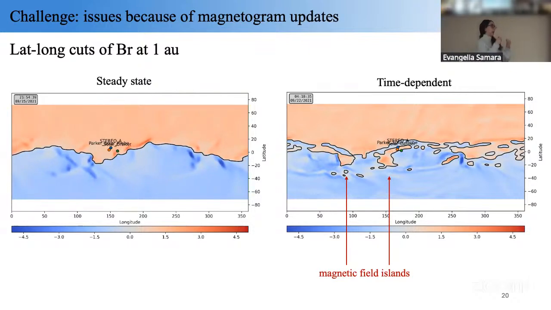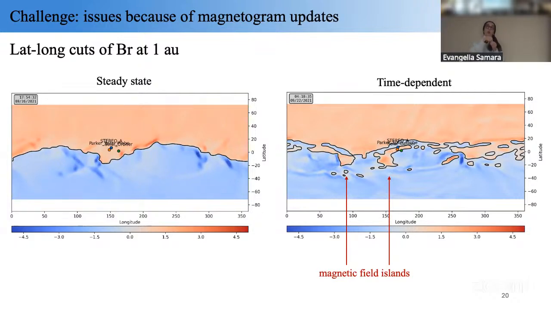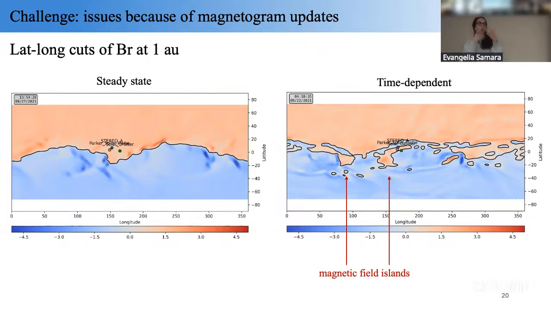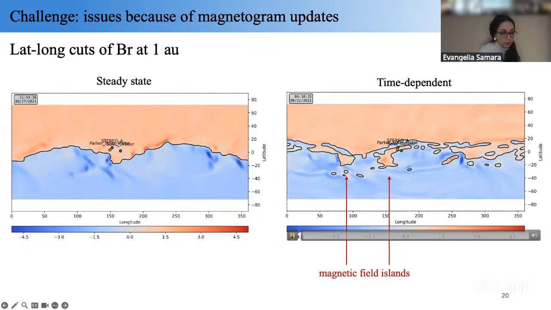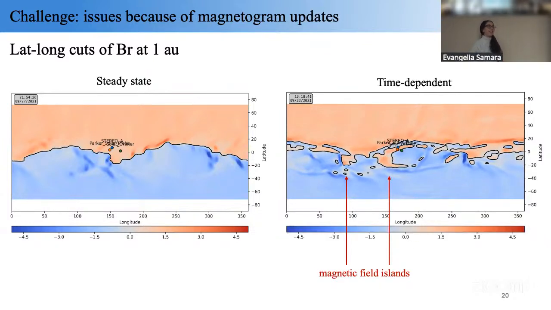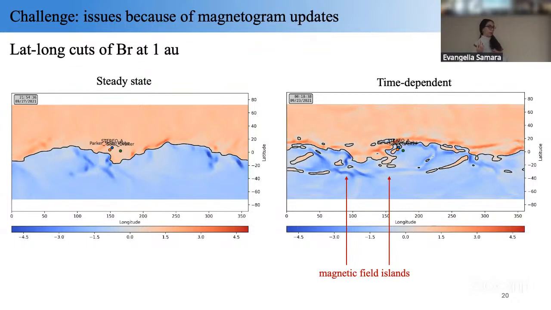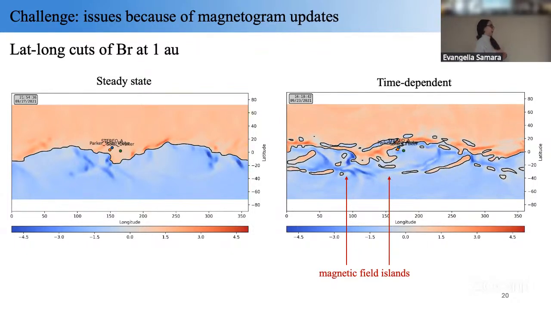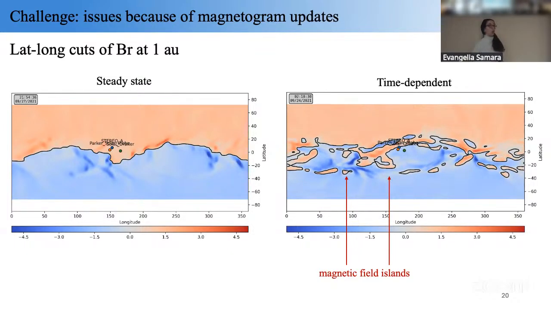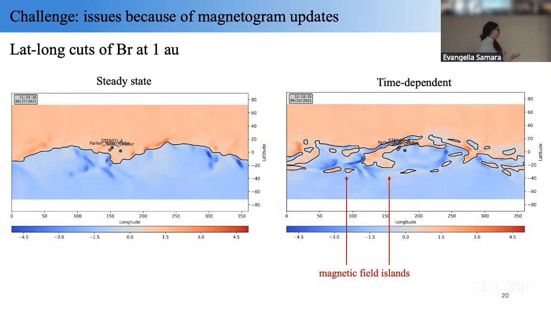And the different satellites on which we're interested to predict our conditions are projected to either the one or the other polarity, and so on. But when we do that in the time-dependent approach on the right-hand side, and since we are updating the maps continuously, and since the maps from one day to another can be a little bit different, or we have an unexpected appearance of new information, or we even do not have all the information.